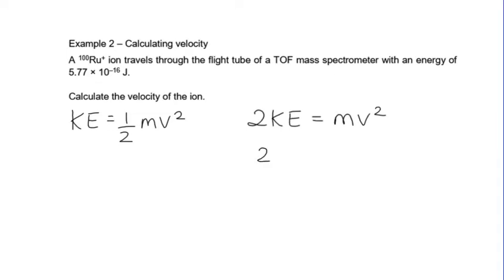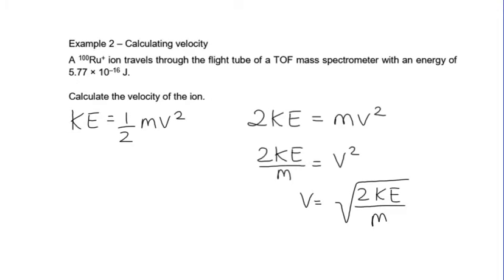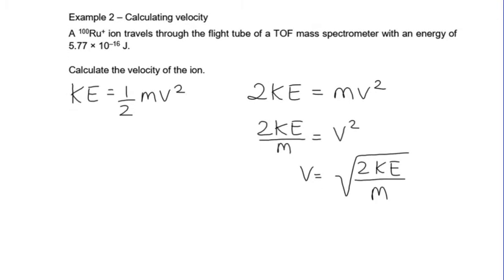Then we could divide each side by the mass of the ion. So 2 times kinetic energy divided by mass is v squared. So velocity is the square root of 2 times the kinetic energy divided by the mass. So we know what numbers we'll need to put in. Now we need to gather that information. Do we have that information?